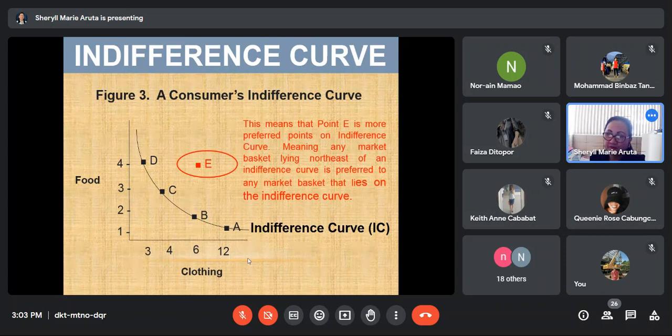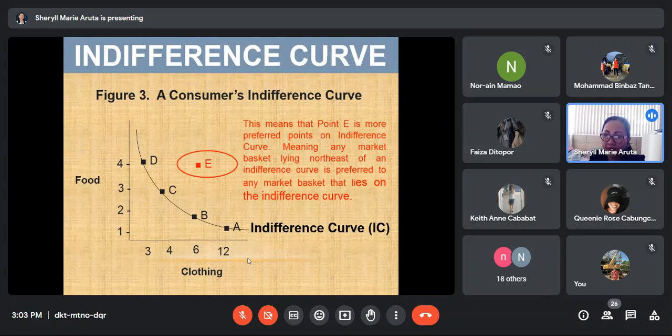In the real sense, if you have points lying outside the indifference curve, that is the representation of point E. Point E is more preferred because the higher the points on your right, the greater the satisfaction.